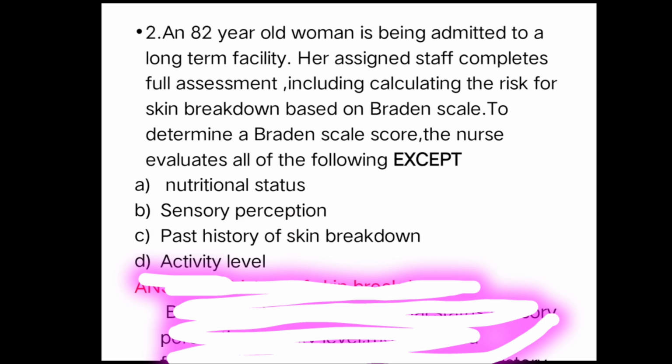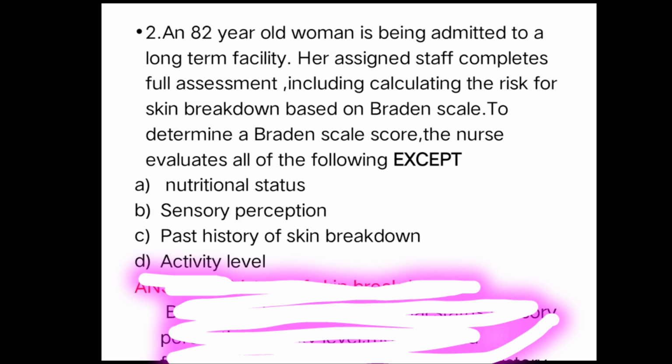To determine a Braden scale score, the nurse evaluates all the following except. You have to be very careful in the questions where they are giving except. Option A, nutritional status, option B, sensory perception, option C, past history of skin breakdown, and option D, activity level. So here also it is a very direct question.